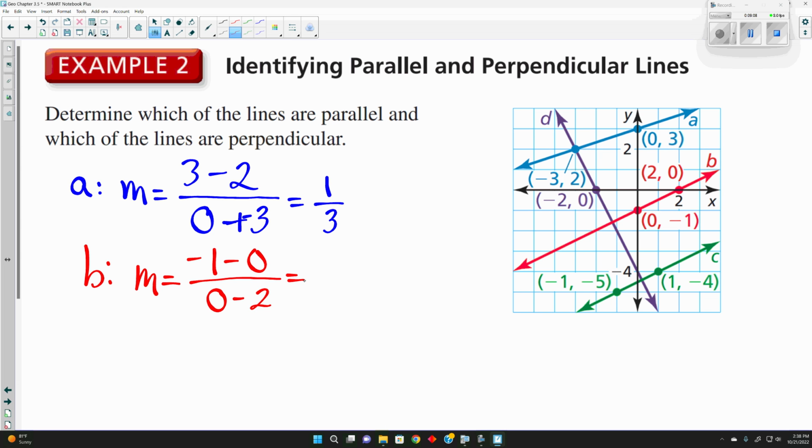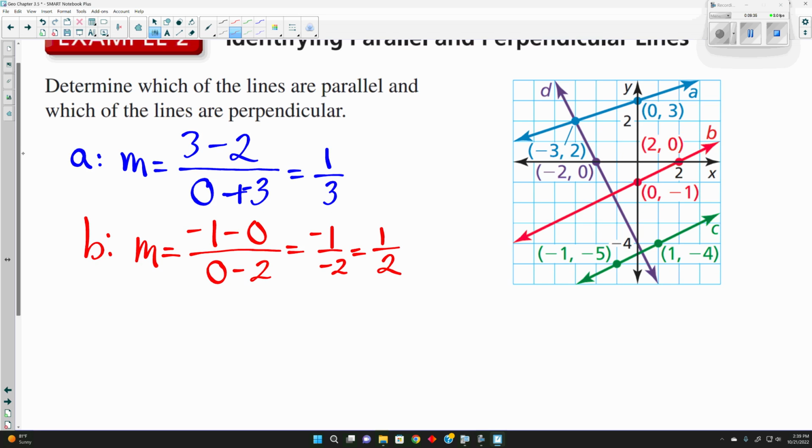And again, at this point, we could plug this into a calculator, and it would give us the answer. Negative 1 minus 0 is negative 1, 0 minus 2 is negative 2. Negative over negative makes a positive, so we have 1/2. And it is positive, the line is going up, so we do expect it to be a positive slope.